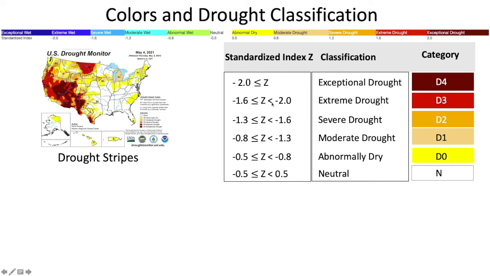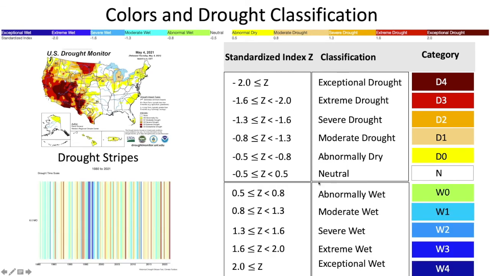So for drought categories, an SPI less than -2, or more than 2 standard deviations below the mean, is an exceptional drought and is in D4, the drought category. We're using the drought categories from the US Drought Monitor, and we're also extending those categories symmetrically so that we can represent the wet side of precipitation as well. And so these are our mappings for the SPI values to both drought categories and colors for the drought stripes.